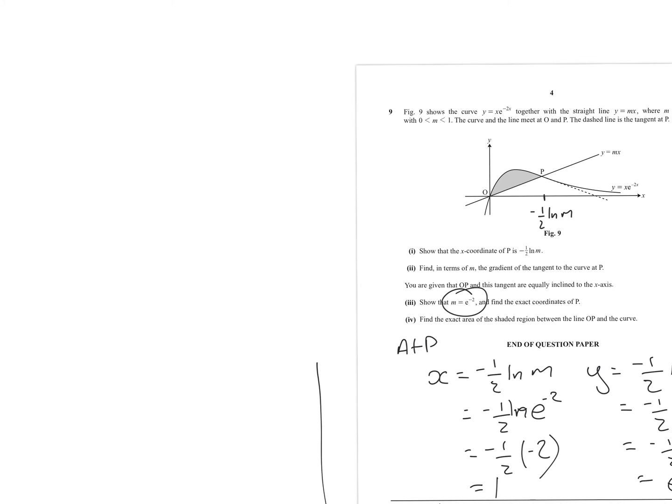So we're going to integrate between 0 and 1, because we now know that this is 1, x e to the minus 2x dx. Yeah.